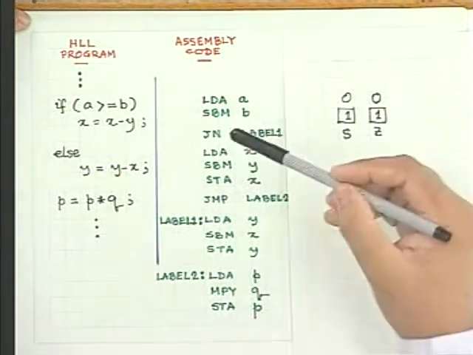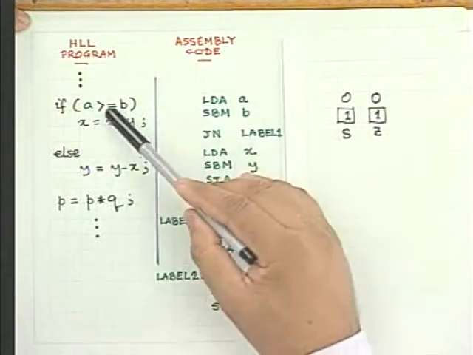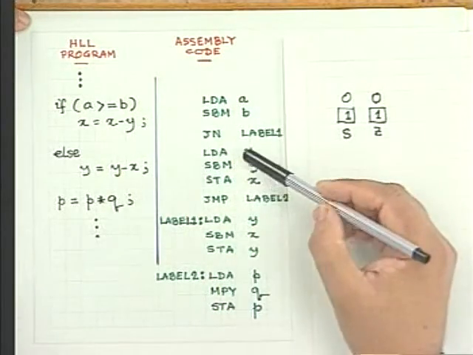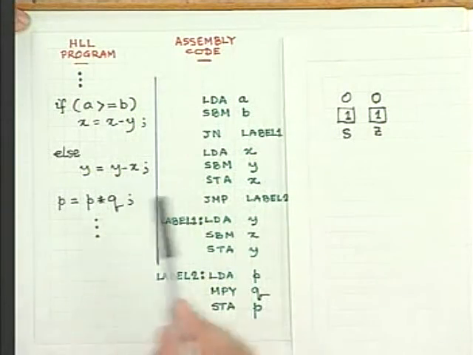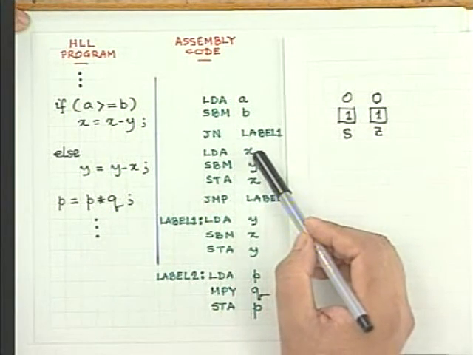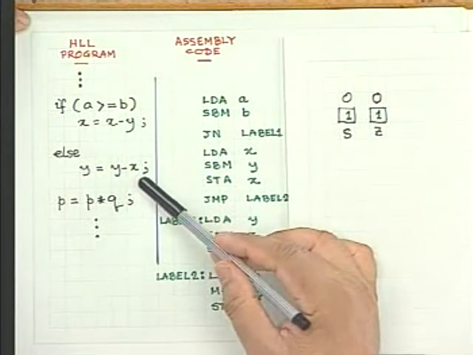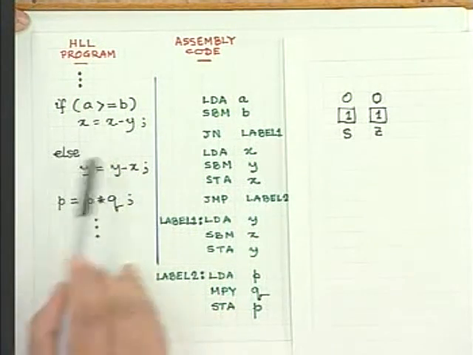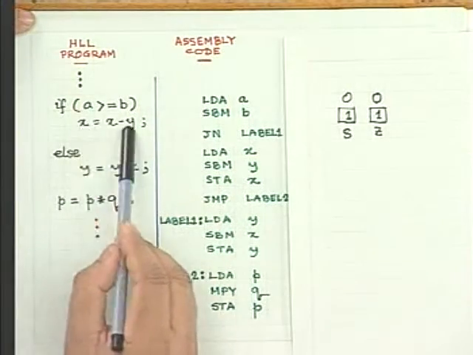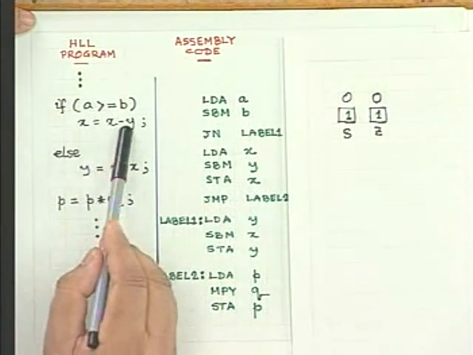If the result is greater than or equal to 0, then this instruction is executed. Oh, sorry, not this one. This instruction is executed if A is greater than or equal to B.